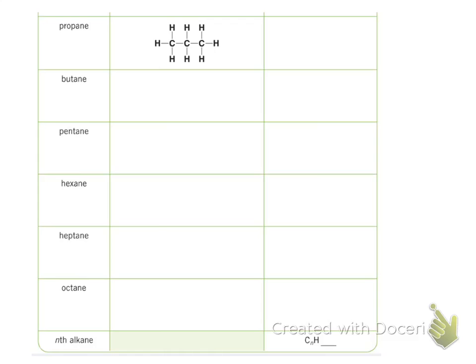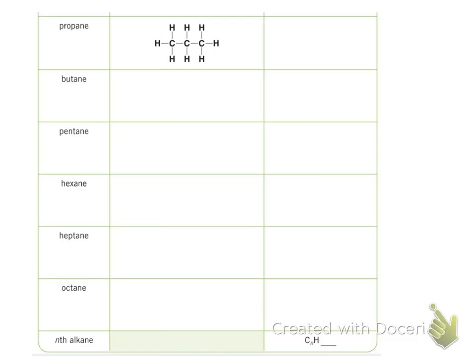Okay, alkanes are a type of molecule with only hydrogen and carbon atoms that are joined with single bonds. Single bonds are shown by a straight line connecting a C with an H. The first few straight chain alkanes, where the C's are in a line, are drawn in the table below. Start with methane, the smallest alkane.